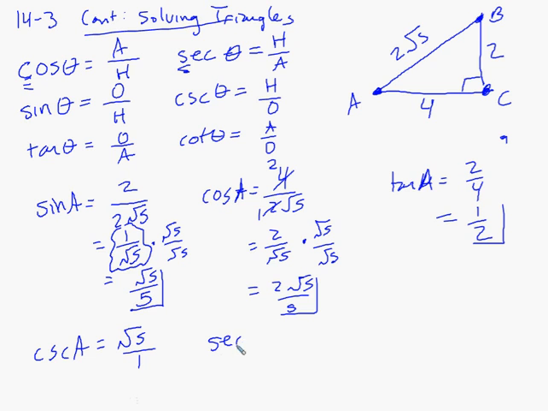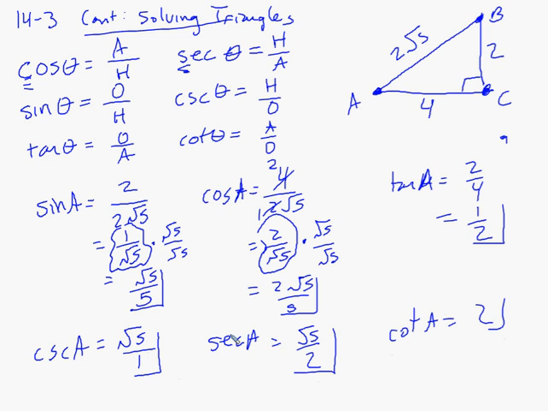How about secant? Yes, I can use this step, flip that step. It's 2 root 5 over 4, but that's not reduced yet. This one's the reduced step, right? So if I flip that step, root 5 over 2, and I don't have any reducing to do. And cotangent of A, flip that step, that's the reduced step, 2. Okay, so any questions on how we did that?